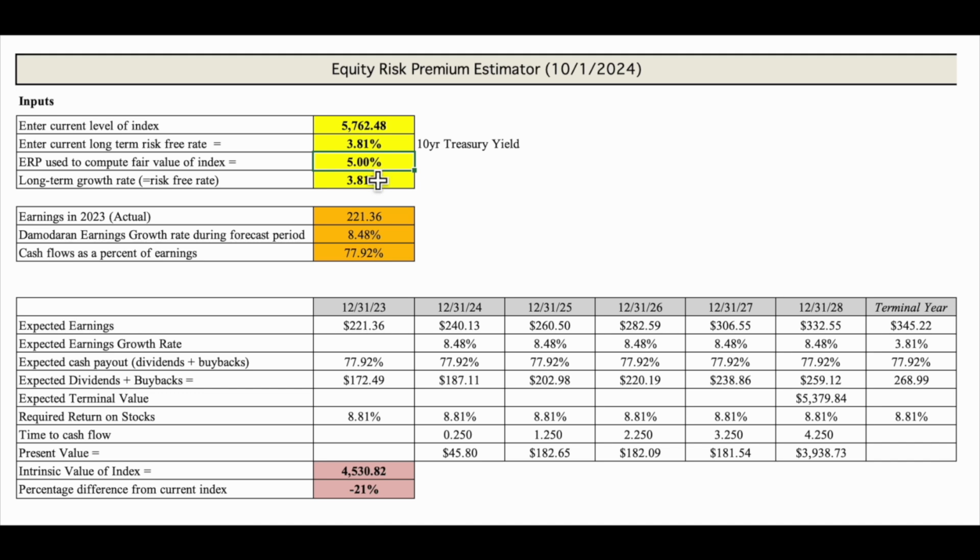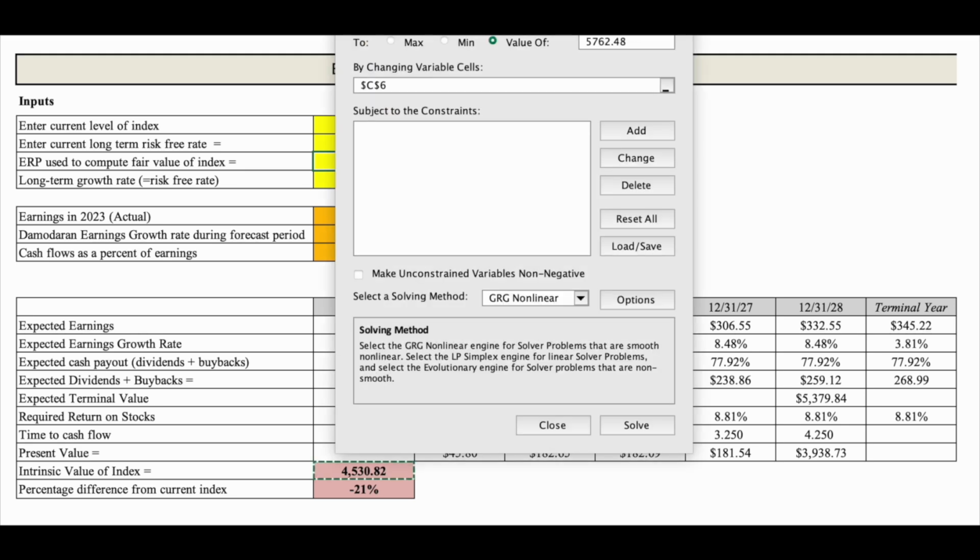So the last thing that Professor Damodaran and I do is we use the solver involved with Excel to solve for the equity risk premium that leads to the fundamental value equaling the current price. So let's do that. Go up here to data, bring up the solver.